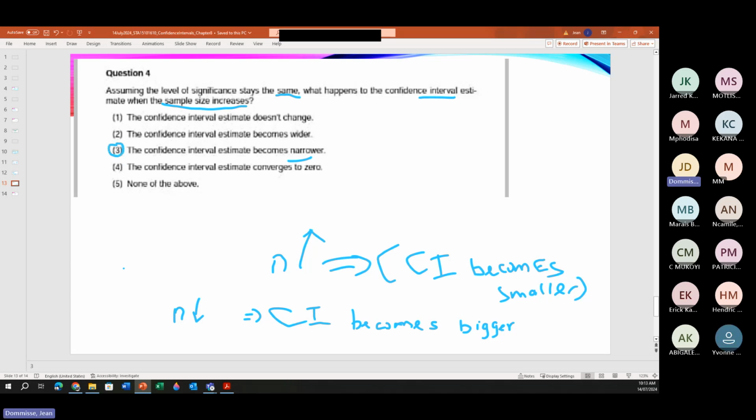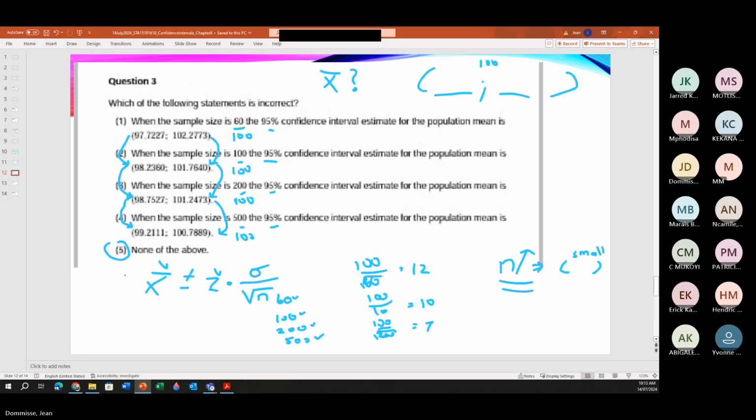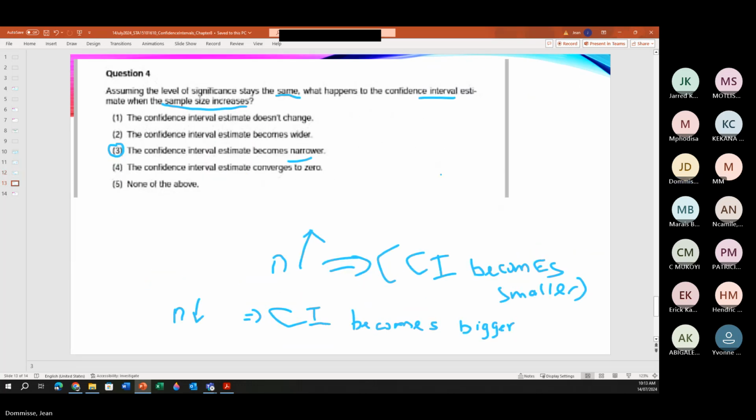Let me just show one more thing. The thing that influences that, remember, was the standard error.